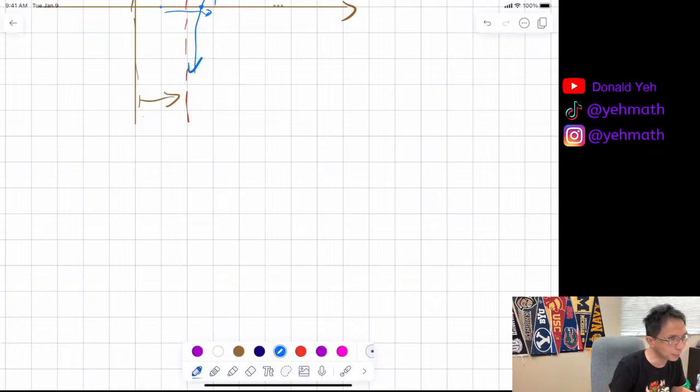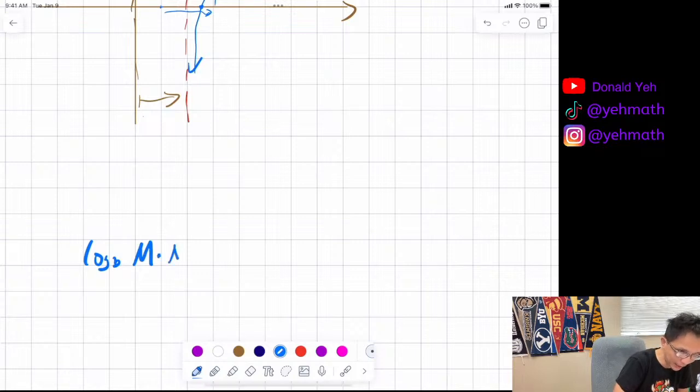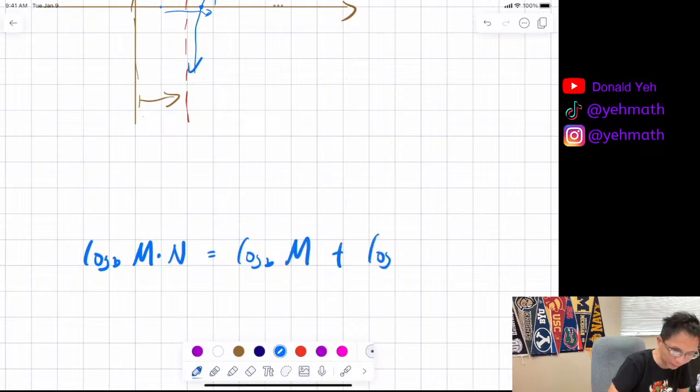So let's talk about properties. There are 3 properties I mentioned before. I used a different notation, but this time I'm going to use log base of m times n equals log base of m plus log base of n.